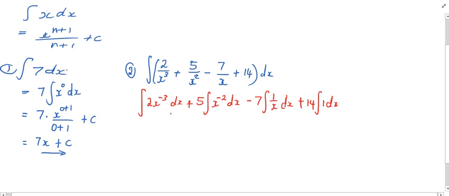So we've got first term, second term, third term, and fourth term.